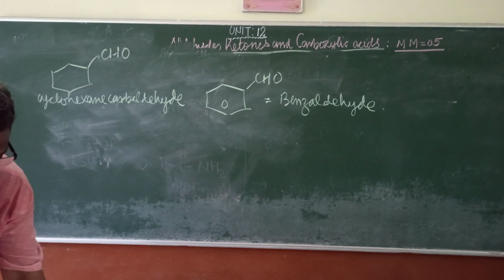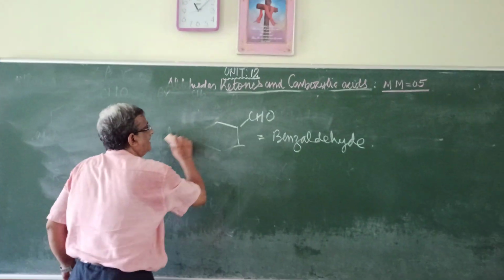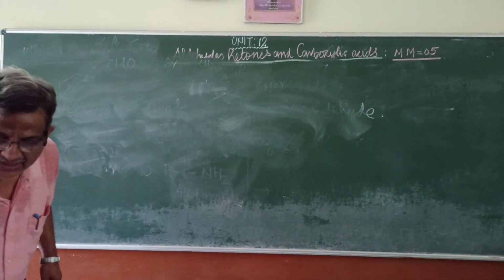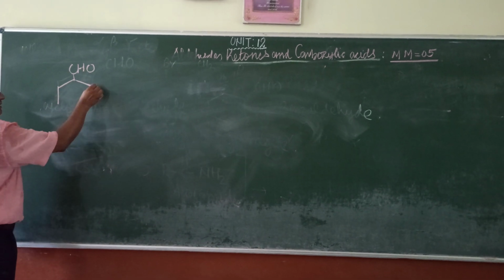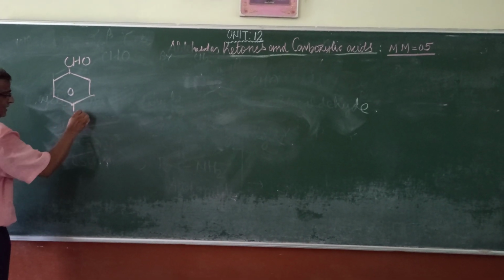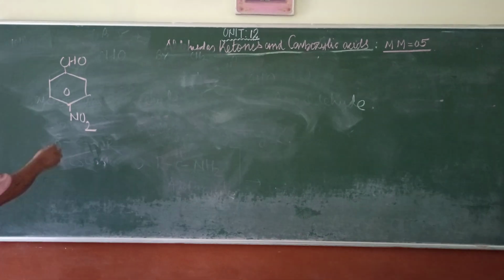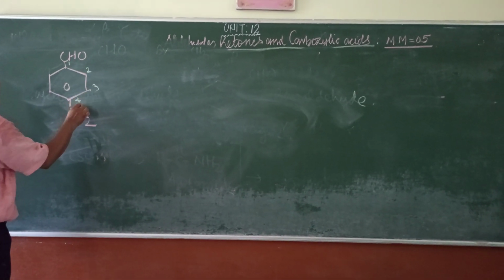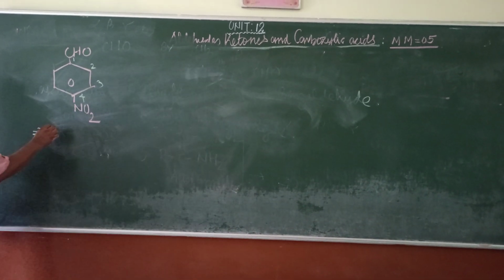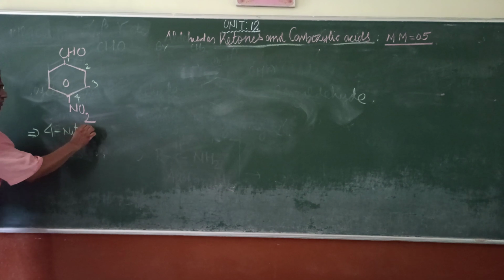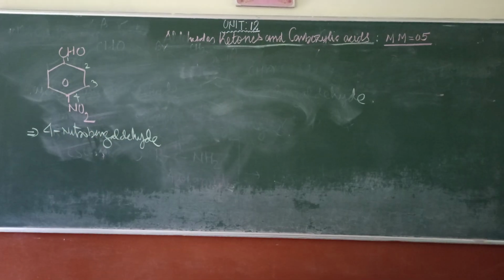Now we come to again a few examples of aromatic compounds. I write a few structures here and I will give you the names. This is CHO, this is the benzene ring, and here I write NO2. How to name this compound? I start numbering the compound: 1, 2, 3, 4. The name of this compound is 4-nitrobenzaldehyde.